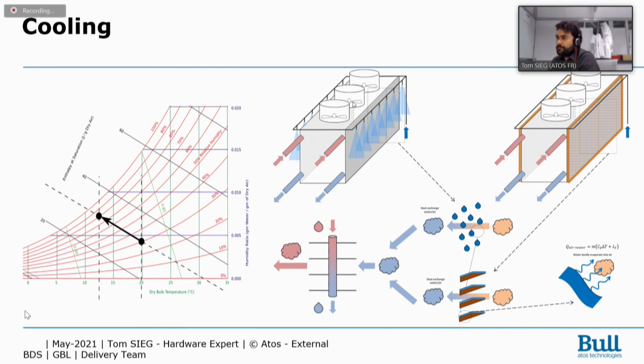And on the adiabatic system, we will add water on this part to optimize the exchange coefficient. The heat will go through the metal to the air and through the metal to the water.